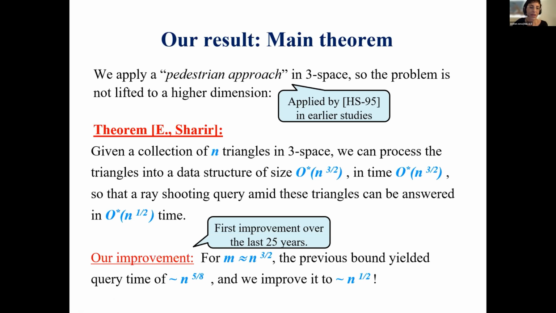Okay, so this is a significant improvement. So for m roughly equal to n to the 3/2, the previous bound, the one with the lift into 4 space, resulted in query time of n to the 5/8, and now we managed to improve it to root of n, which is better.